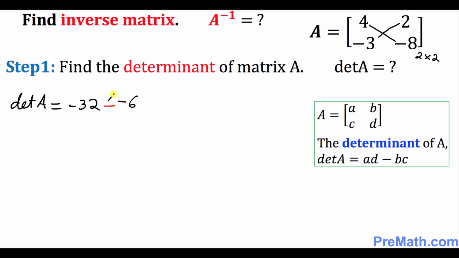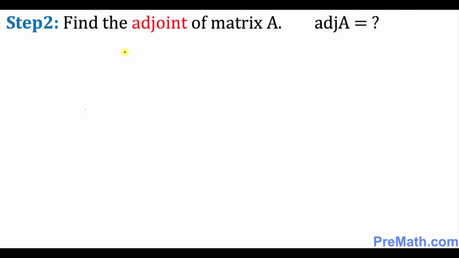Now as you can see we have two negative signs next to each other, so simply that's going to become -32, negative and negative become +6, so that is simplified to -26. So determinant of A turns out to be -26.